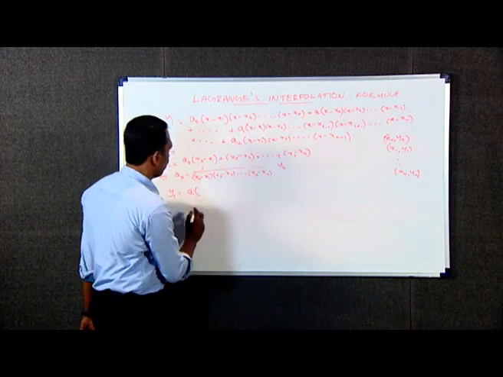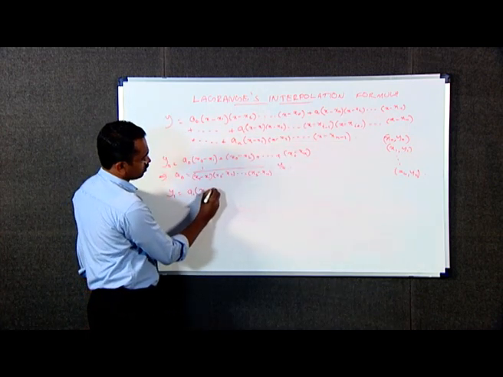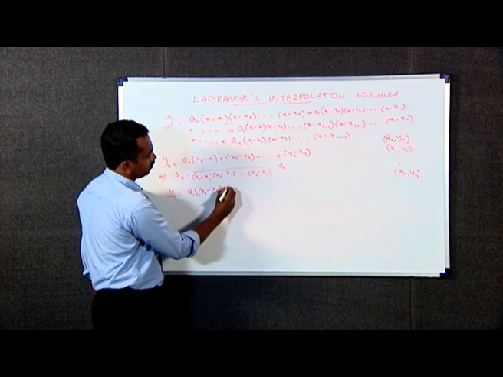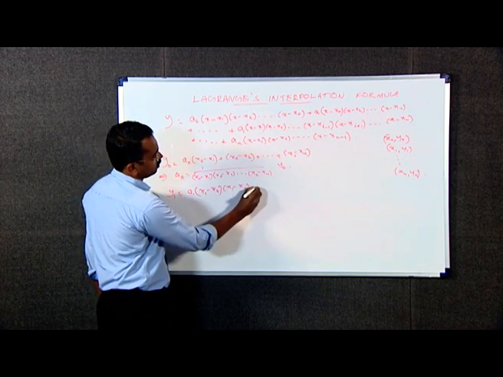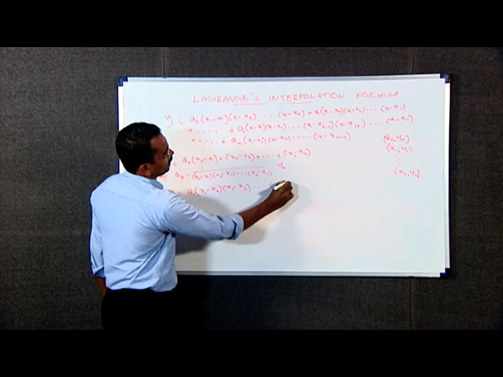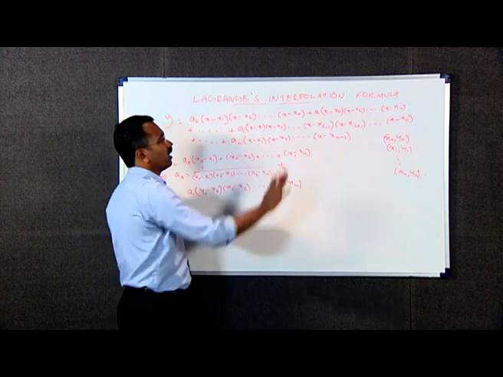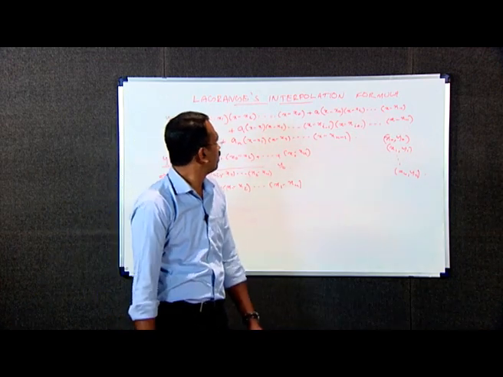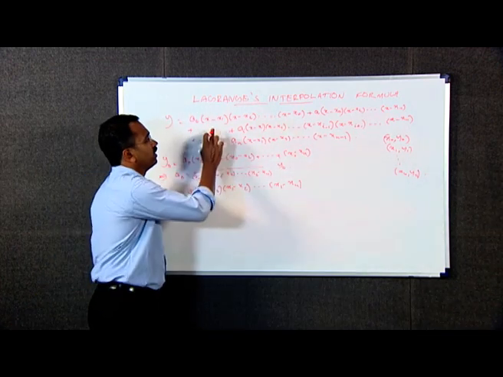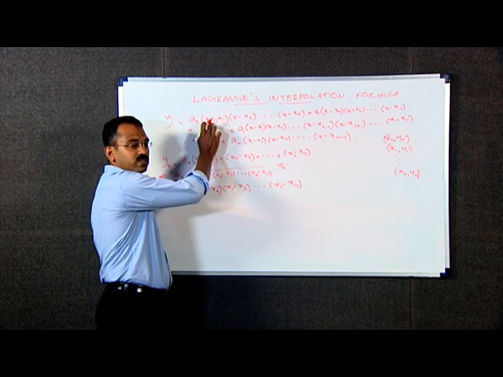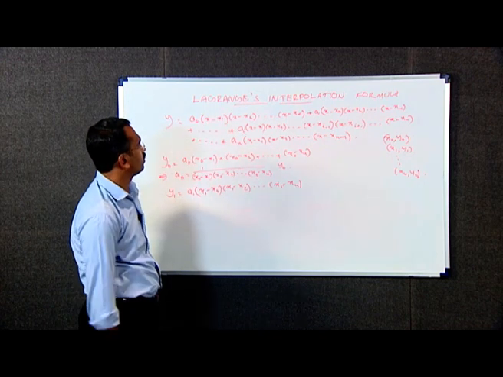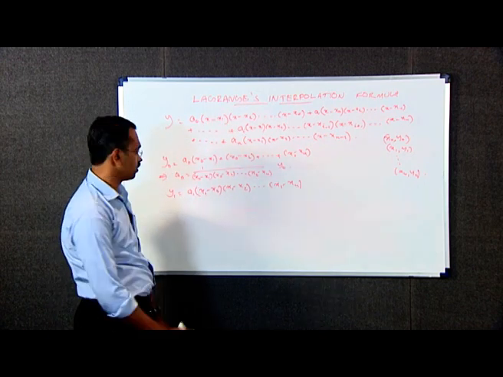The second term is a1 into x1 minus x naught into x1 minus x2 into etc. into x1 minus xn, and the other terms will become 0, because all the other terms contain the factor x minus x1, therefore all the other terms will become 0.